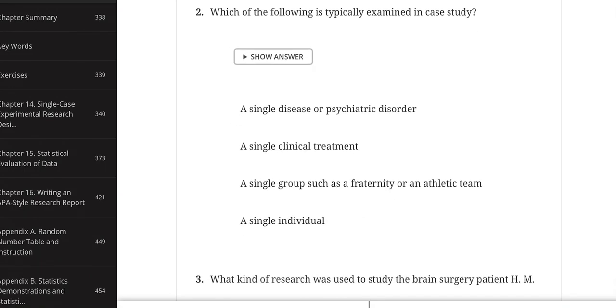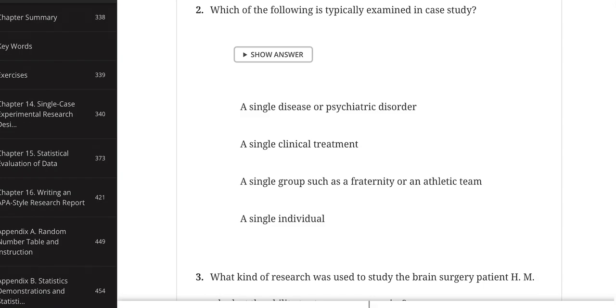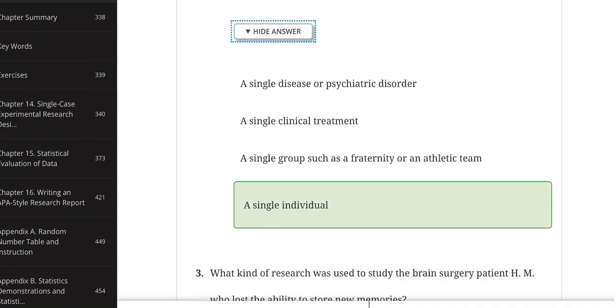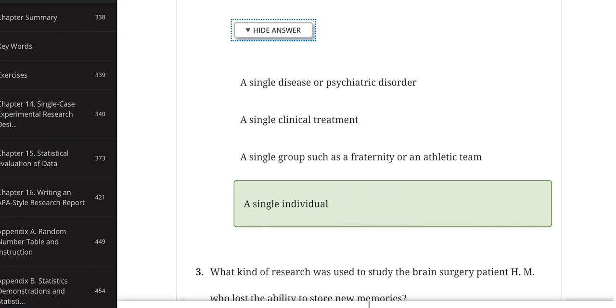And so next question is, which of the following is typically examined in a case study? Again, as we've just talked about, it is going to be a single individual is the typical part of a case study. It may be a single disease or psychiatric disorder.